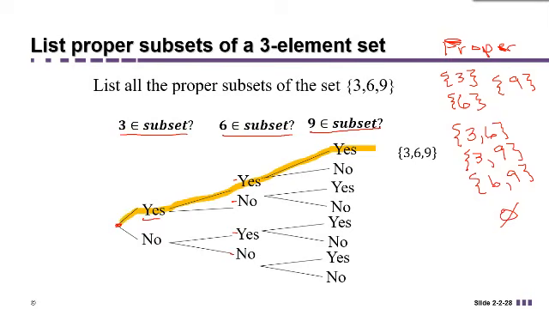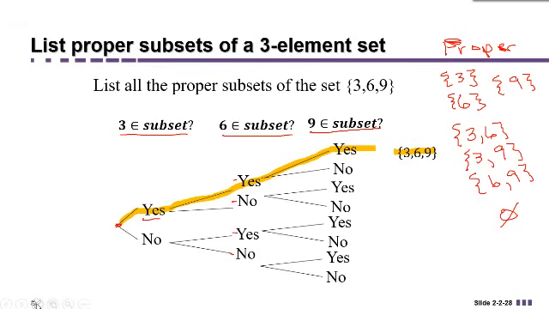And that path hits yes, yes, yes, which means that all 3 of the elements are in the subset, {3, 6, 9}. All right, now the next branch, who can tell me what subset the next branch represents?